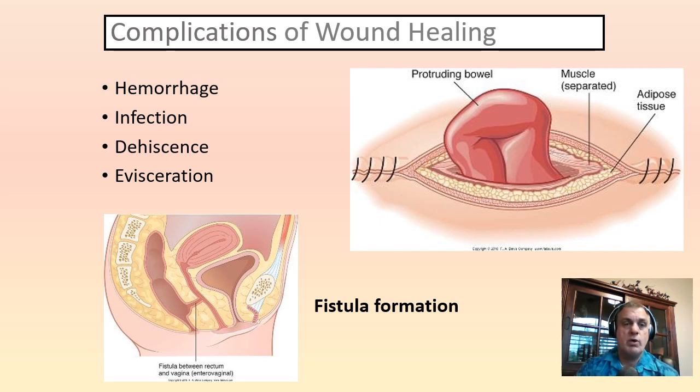Okay, and then evisceration is another term we use when a wound eviscerates, it invades another space. And then we have fistulas, where a tissue will protrude from one area where it's supposed to reside, and push through another area of tissue. That's called a fistula. You can see there's a rectal fistula, a rectovaginal fistula in this picture here.